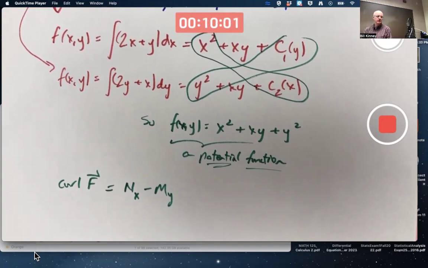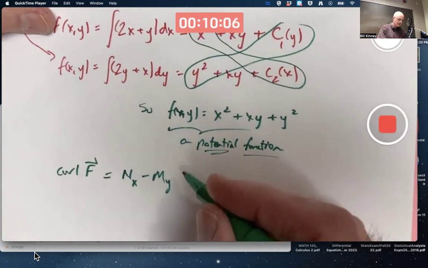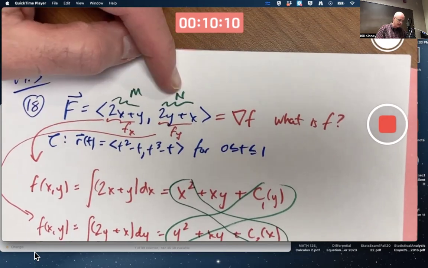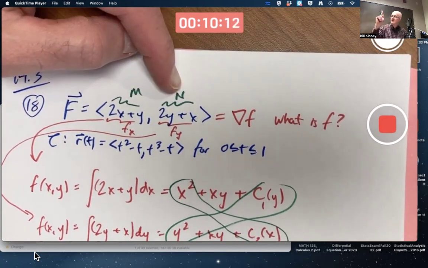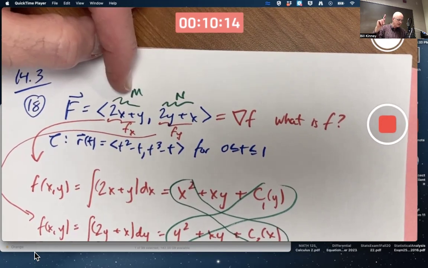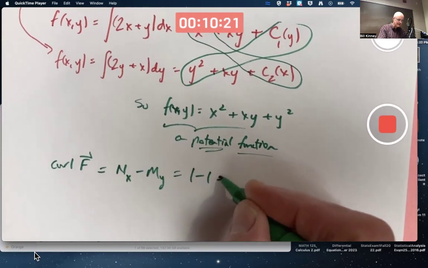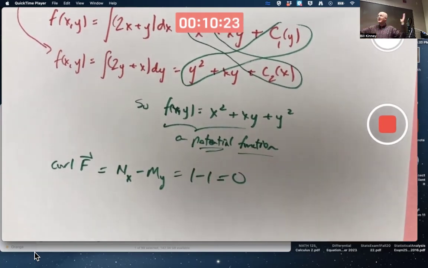You can call this a scalar curl if you like. In general, the curl is a vector. So looking back up at this formula, N_x, the derivative of that with respect to x is 1. M_y, the derivative of that with respect to y is also 1. So the scalar curl becomes 1 minus 1 is 0, no matter what x and y are.